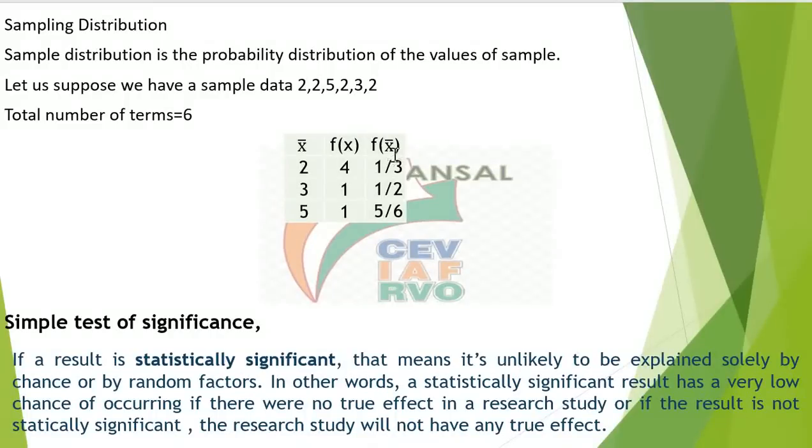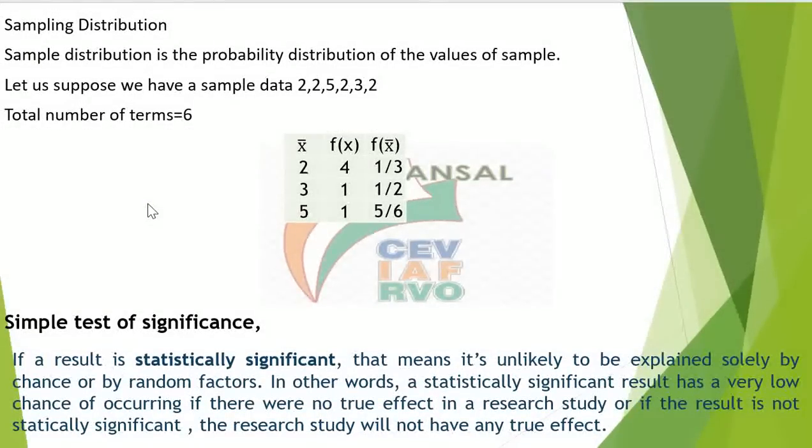You find the probability: 4 divided by 6, which is 2 by 3, then 1 divided by 6 for 3 and 1 divided by 6 for 5. In this way you can find the probability. Then this is the probability distribution of the sample.